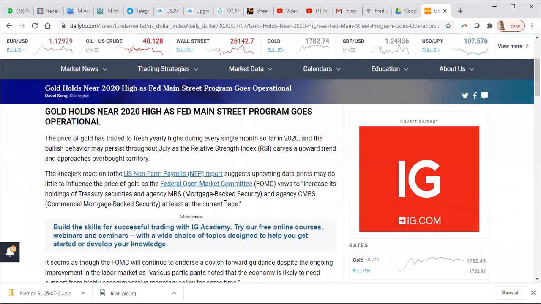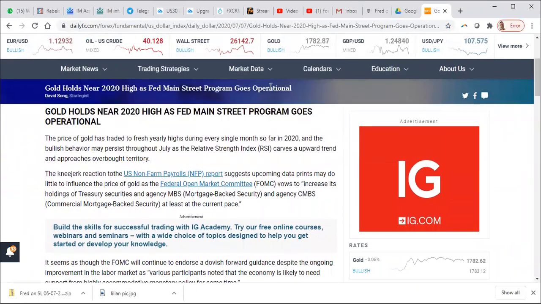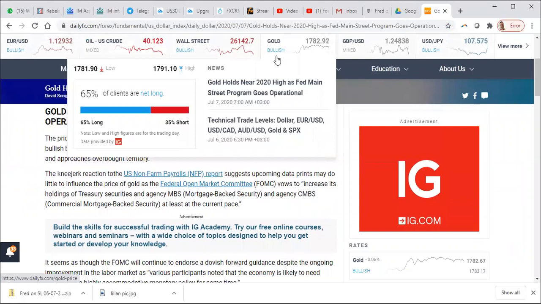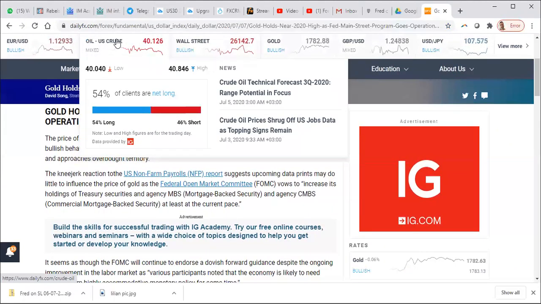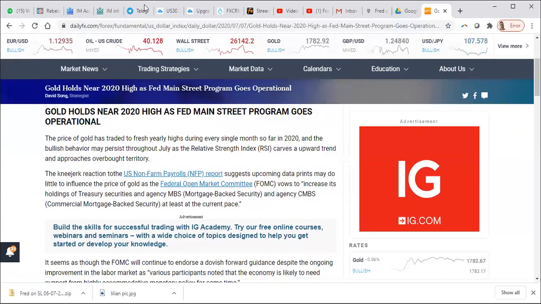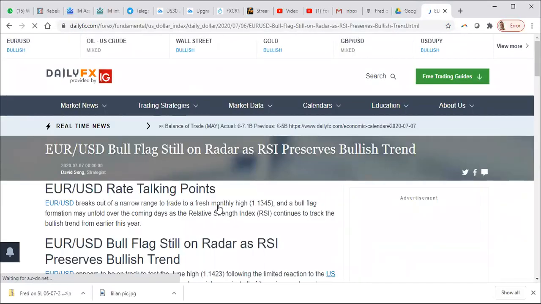Euro NZD. Okay, let me look at what else. Euro USD bull flag still on radars. RSI preserves bullish trend, Euro USD. It says bullish, but I was thinking, let's just look at it again.